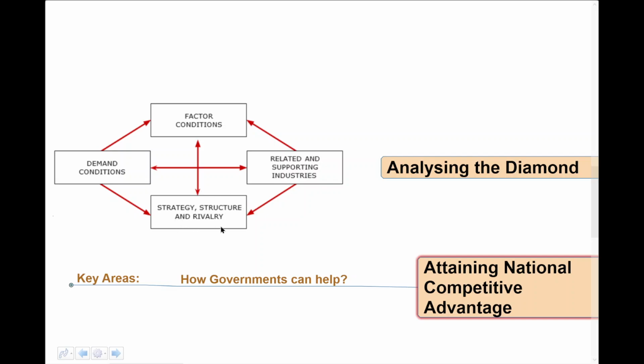Now, in terms of the third area, rivalry, as I've mentioned, we could name maybe 4 or 5 premium car brands right now, today. They weren't all in existence 100 or 120 years ago.